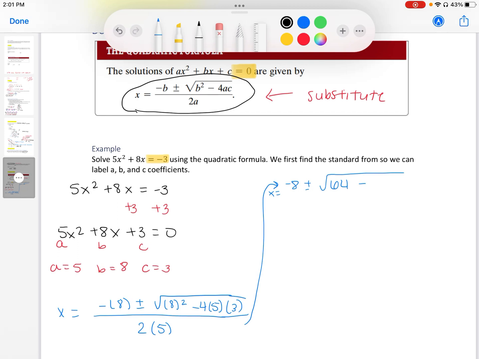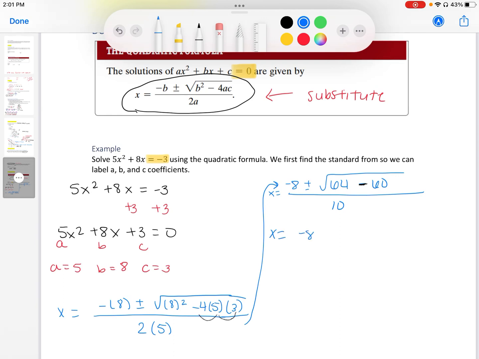Let's establish our sign. Negative times a positive is negative, and negative times a positive is negative, so it's going to stay negative. 4 times 5 is 20. 20 times 3 is 60. All of that will be divided by 2 times 5, which is 10.